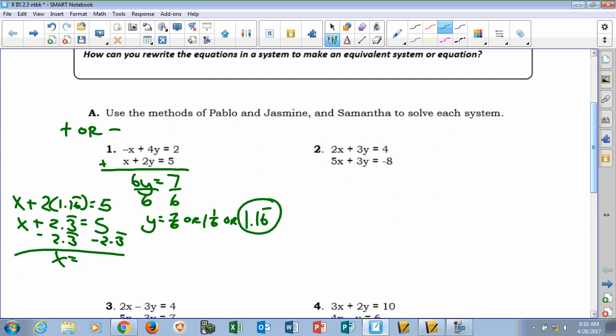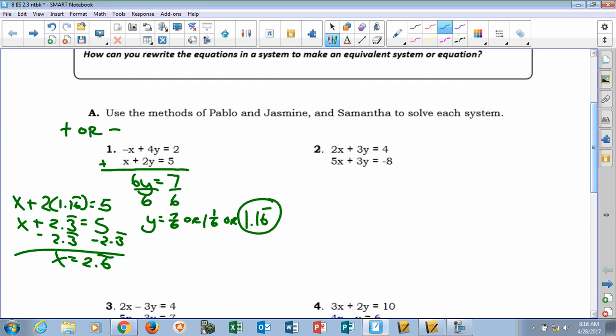So, 5 minus 2.3 repeating is 2.6 repeating. So I found my x and I found my y. Pretty quickly too, right? How much faster is this than substitution? A lot, isn't it?